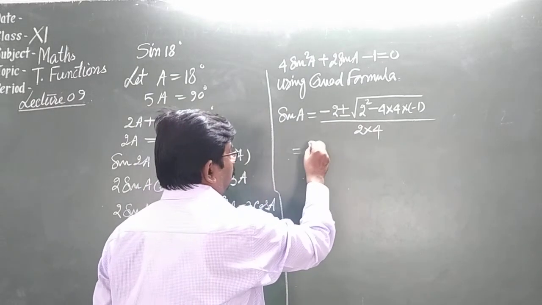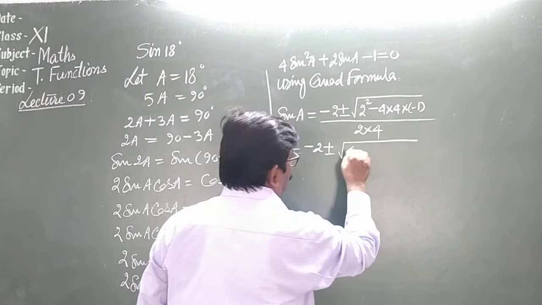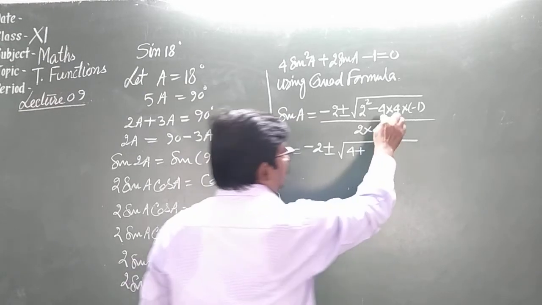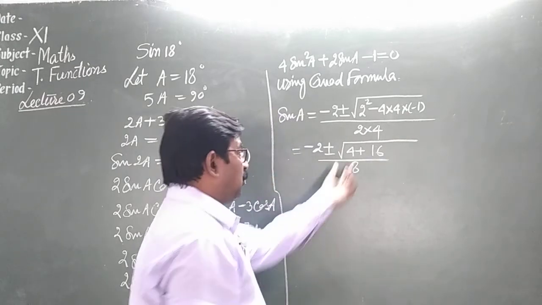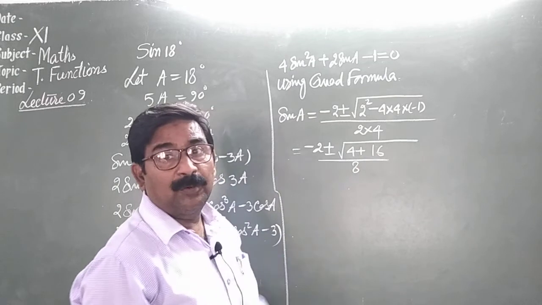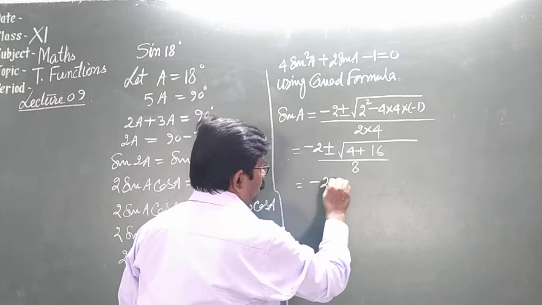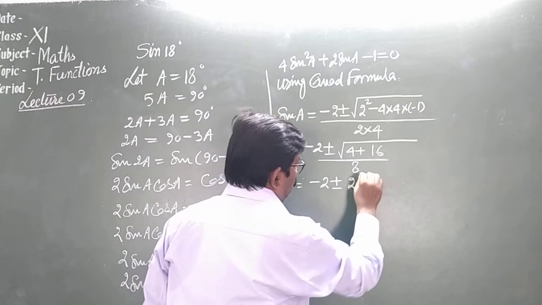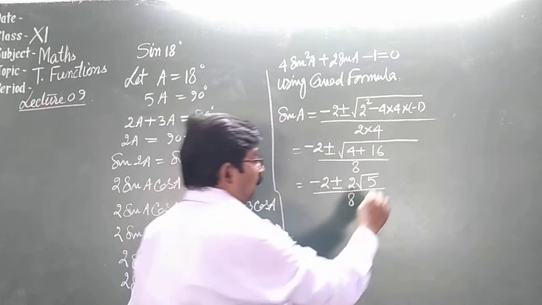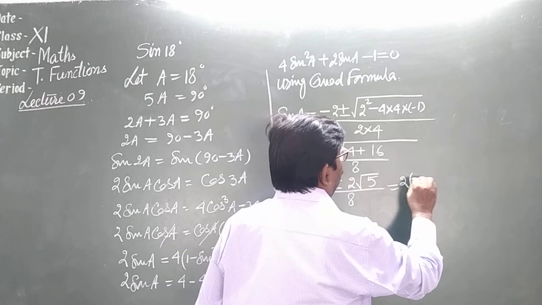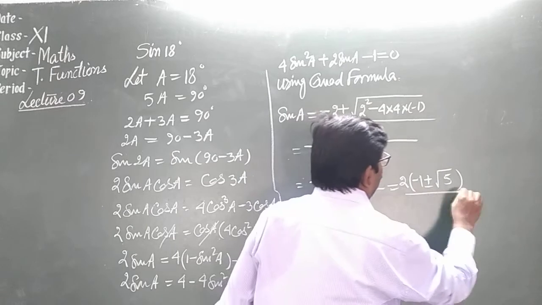So we have minus 2 plus minus under root 4 plus 16 upon 8. 4 plus 16 is 20 and its square root is 2 root 5. So we have minus 2 plus minus 2 root 5 upon 8. Here 2 is common, so we have minus 1 plus minus under root 5 upon 8.